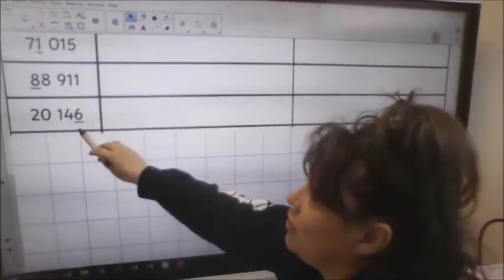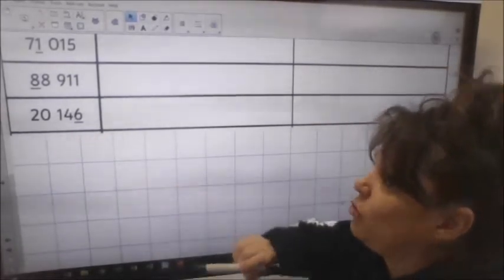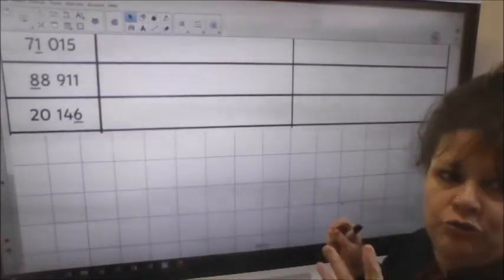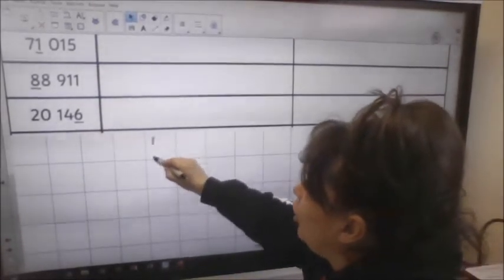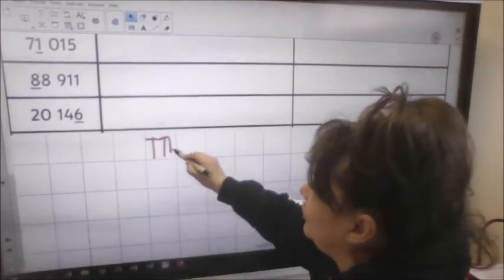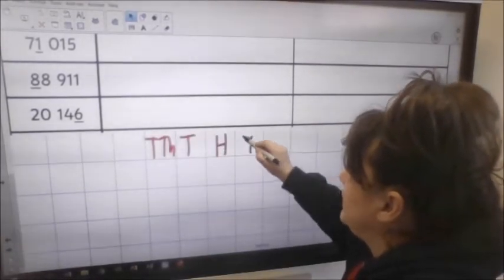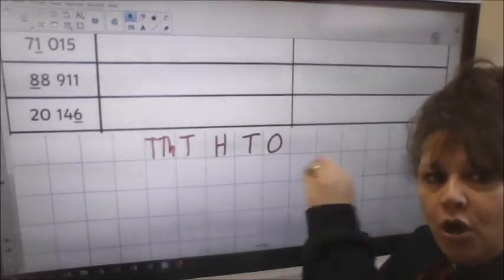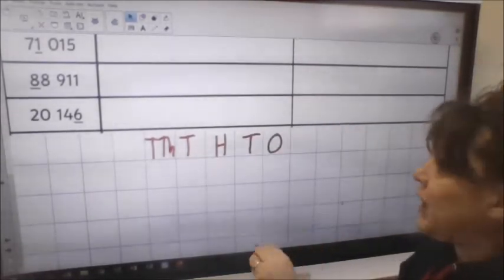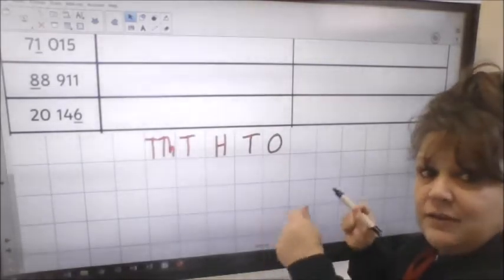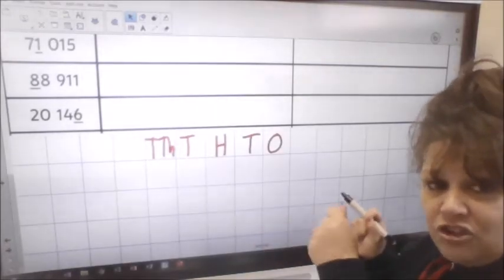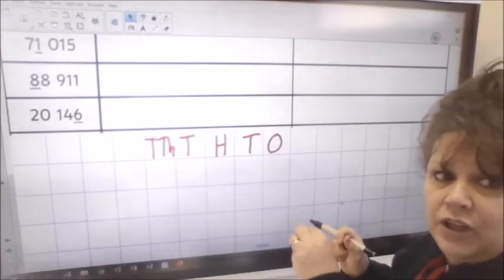If I have a little look at this one, let's do 88,911. So I've got my tens of thousands, thousands, hundreds, tens, ones. What I'd like you to do is draw that grid out so you can see the value. And each time you do that, you know exactly what the value is.